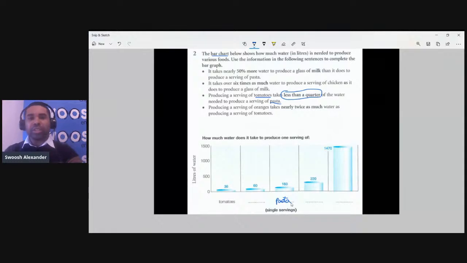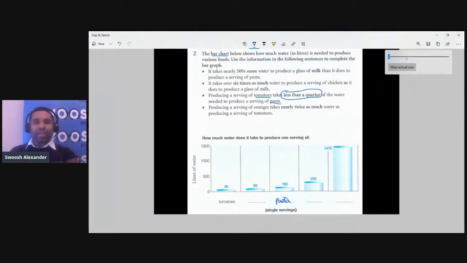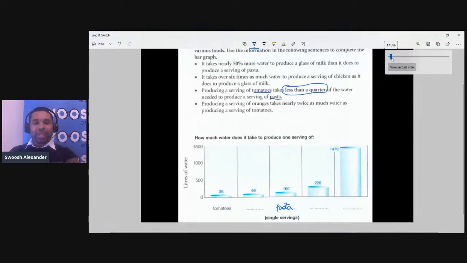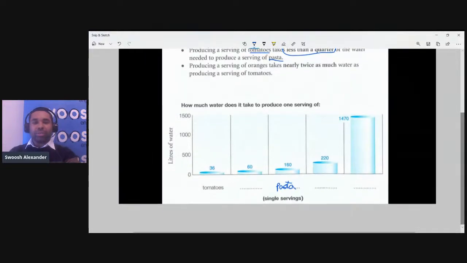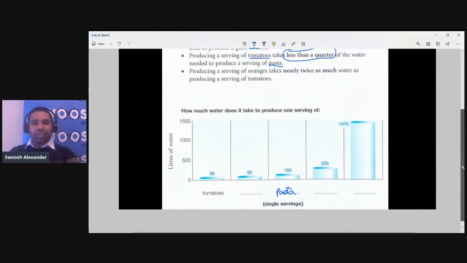A quarter of 160 would be 40. So we have to do a little bit of maths, but not too much. A quarter of 160 would be 40, and for tomatoes it's less than a quarter, and so the value for pasta is 160.